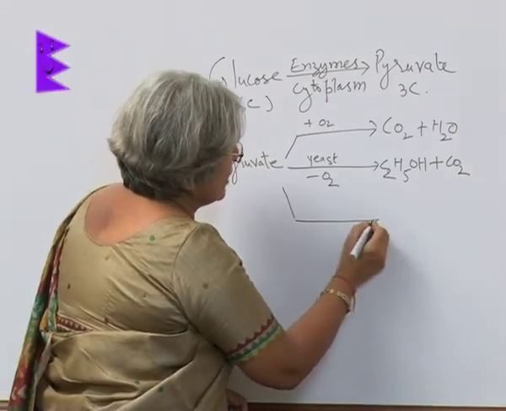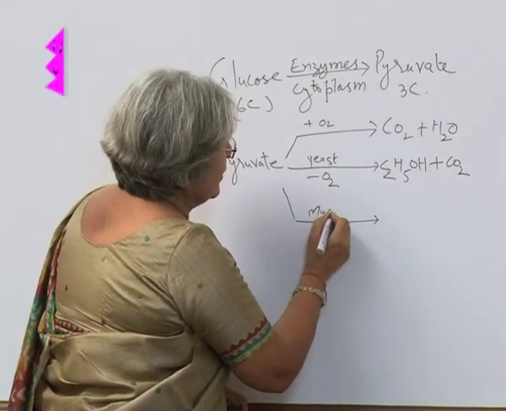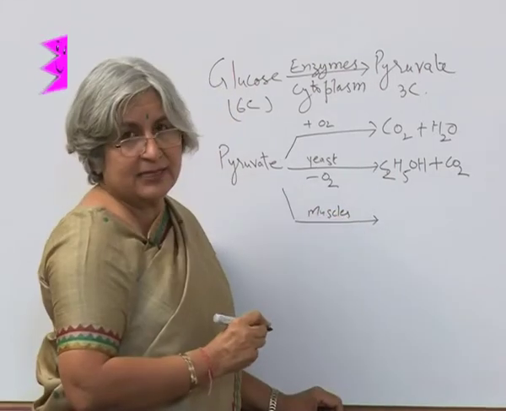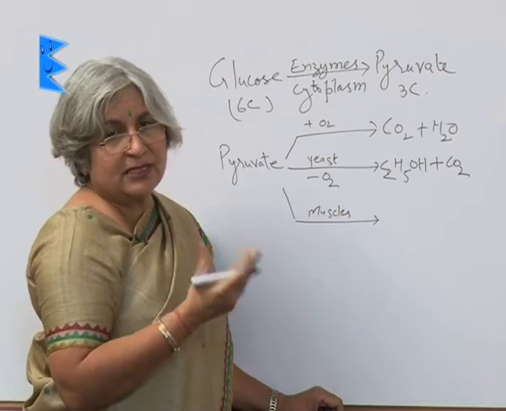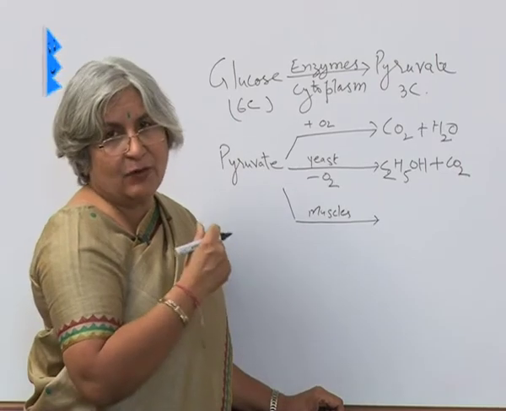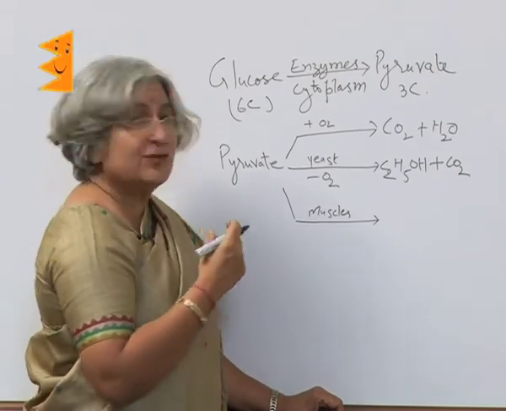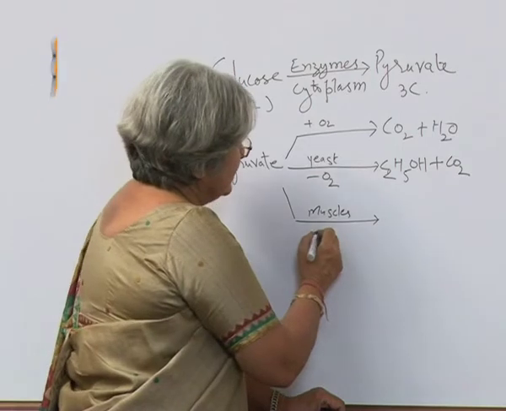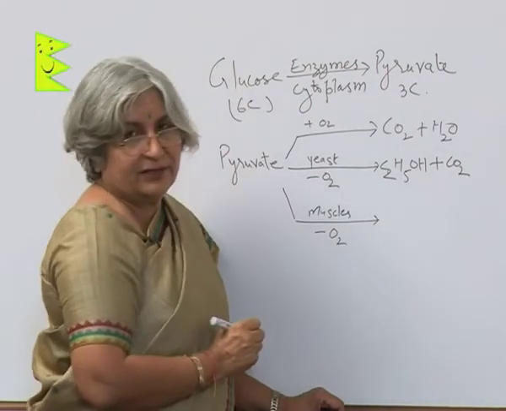Sometimes in our muscles what happens is that if we are doing vigorous exercise, then that much oxygen is not available because that requires more energy. So, what happens? There is insufficient oxygen.